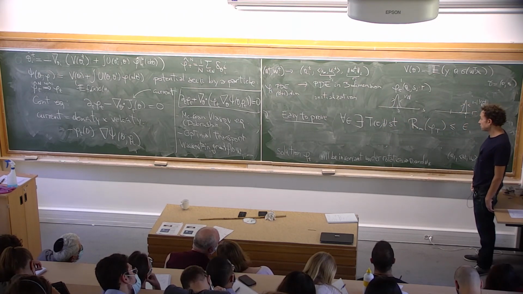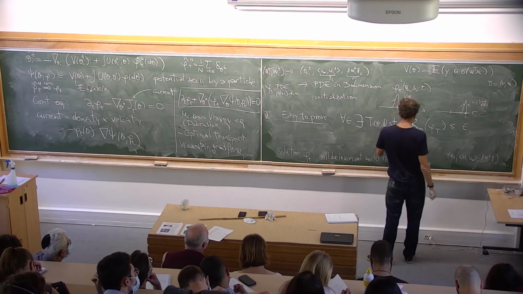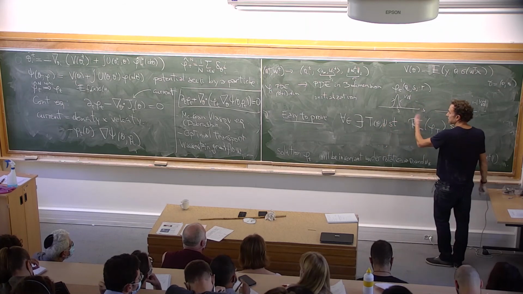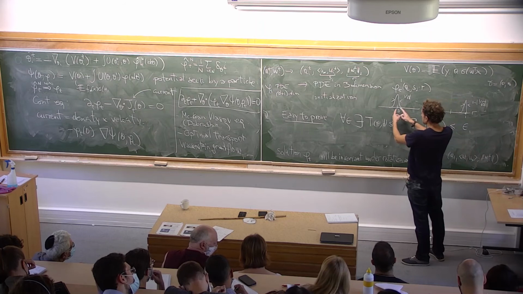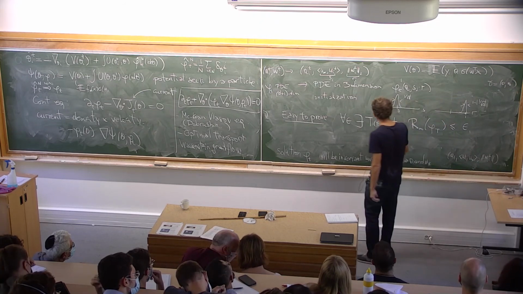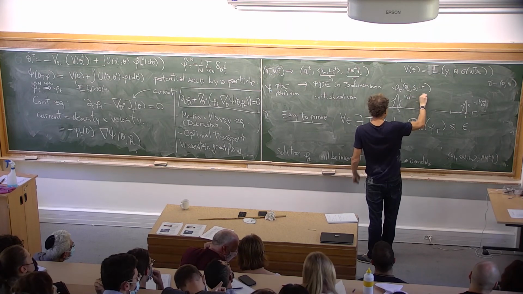If I fix the dimension, this is easy to check. Let me call this variance alpha square.